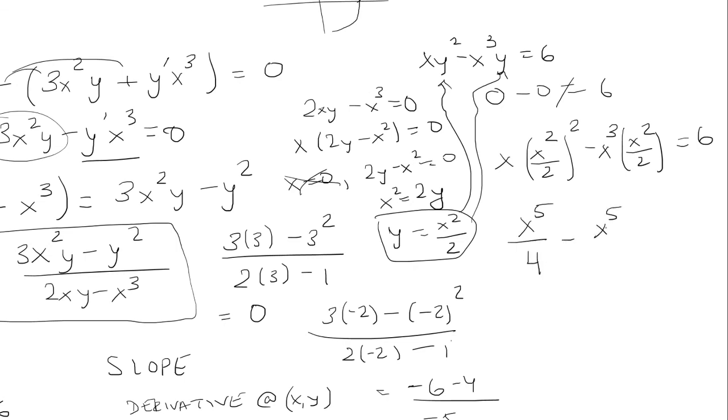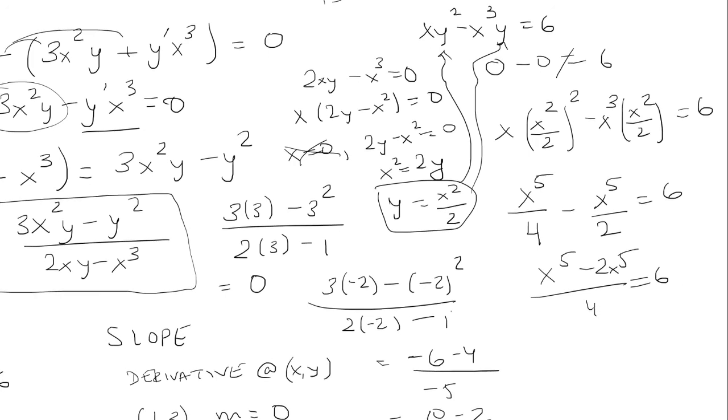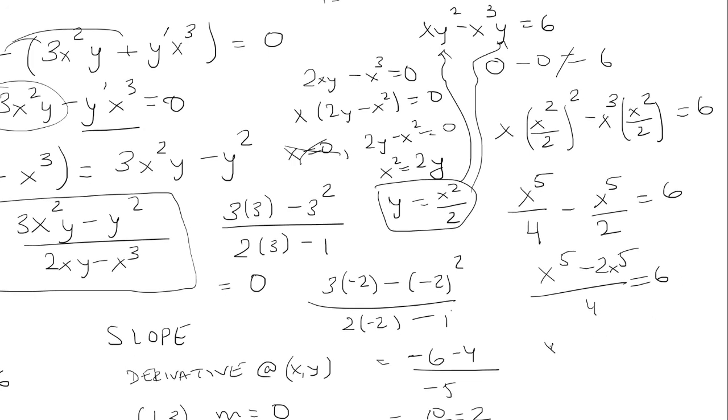Then x cubed times x squared is x to the 5th over 2 is 6. I can combine these two, same common denominator of 4. So that would be x to the 5th minus 2x to the 5th over 4 is 6. And so multiply both sides by 4. I get negative x to the 5th is 10.